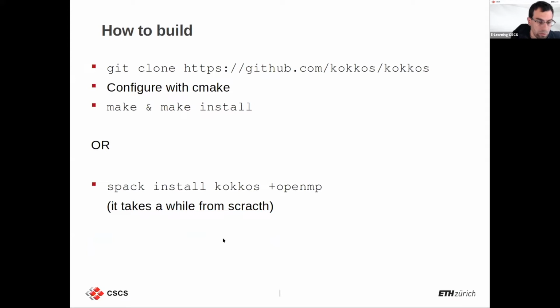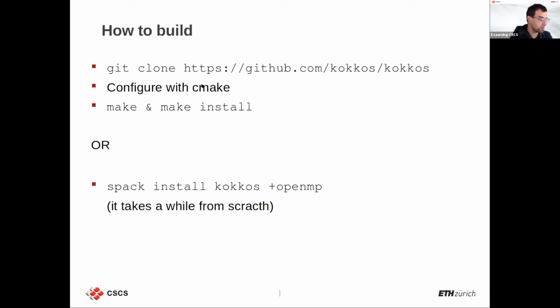Before digging into the main concepts, I will tell you a few recipes in order to compile and build. The Kokkos GitHub is github.com/kokkos/kokkos. You basically clone this. There are two ways to compile and install. You can configure with CMake.